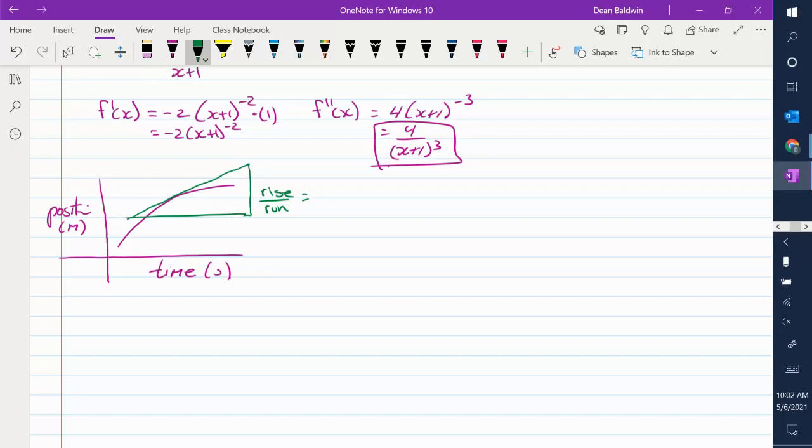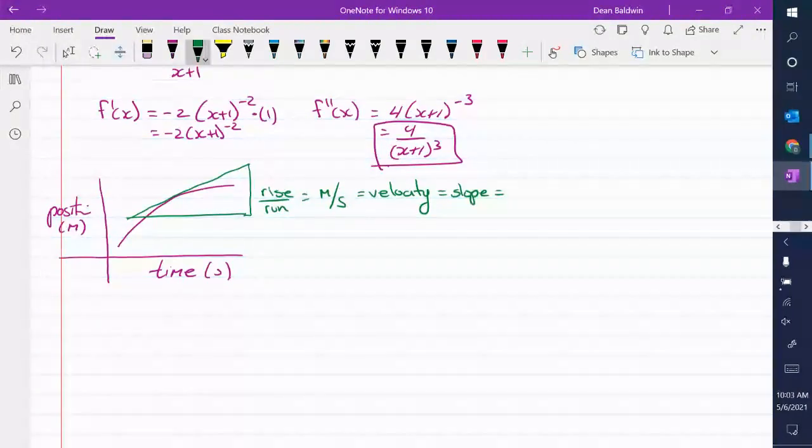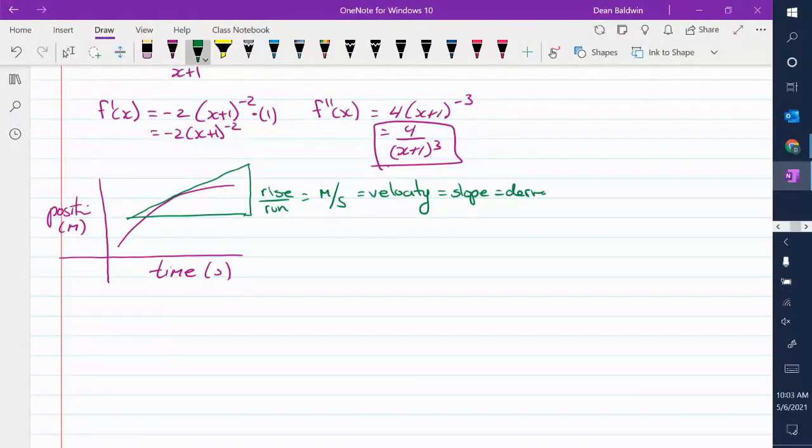If we look at the units, the rise, the position, is in meters. The run is in seconds. What has units of meters per second? Speed or velocity. And that is the slope of that line, which means it is the derivative.